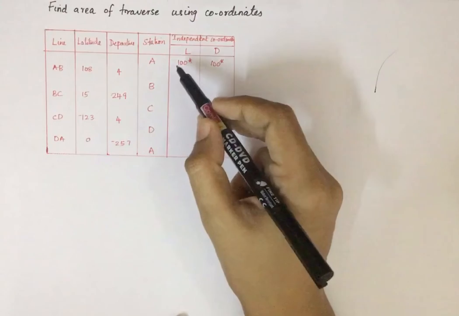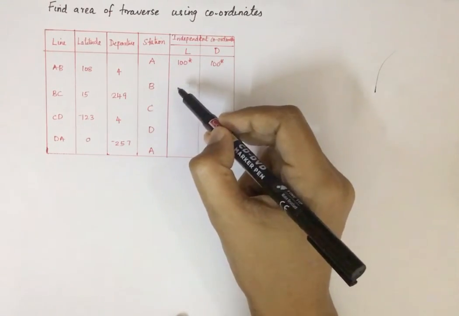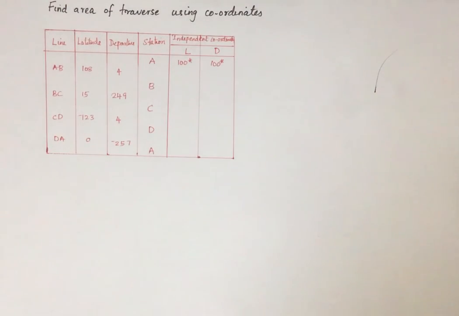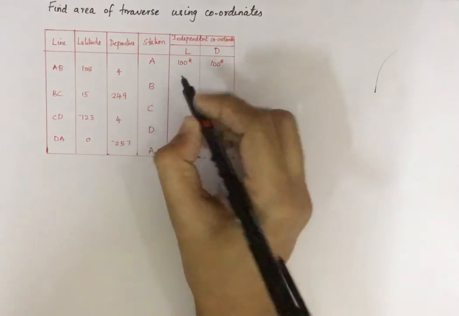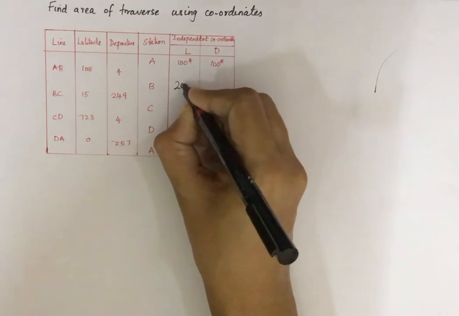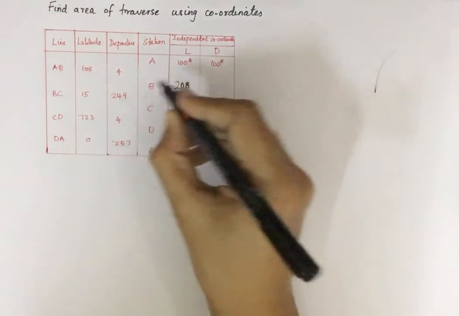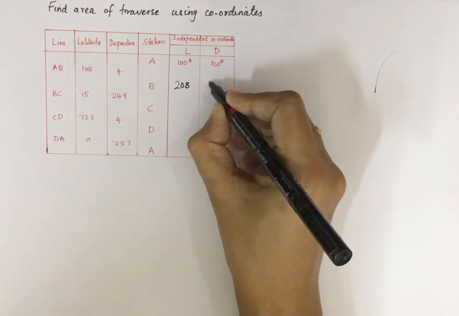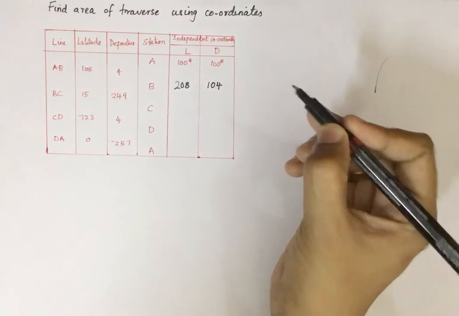So the first step is to calculate the independent coordinates of all the stations. For station B, the independent coordinate is 100 plus 108, that is 208, and 100 plus 4, the departure, is 104. Clear?